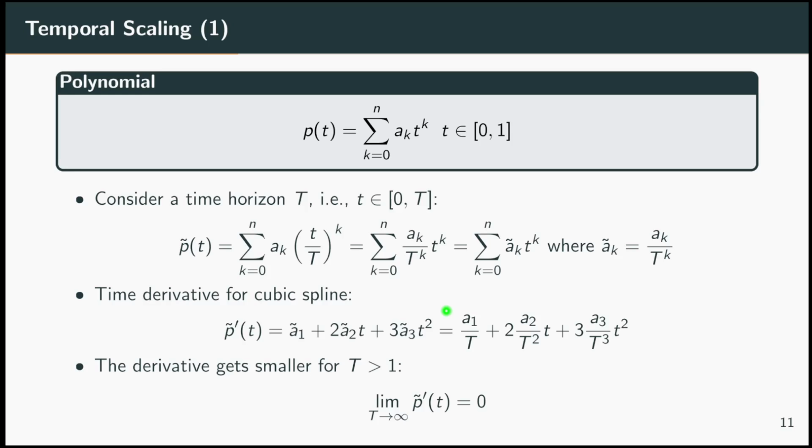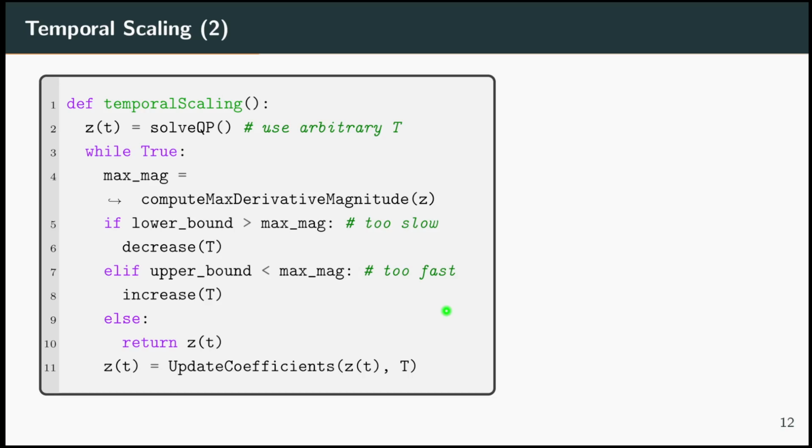Okay, and then the whole idea of temporal scaling is that we first solve our problem in the flat output space with any arbitrary time, like we don't care. Then we estimate what our constraints might be with the current solution.